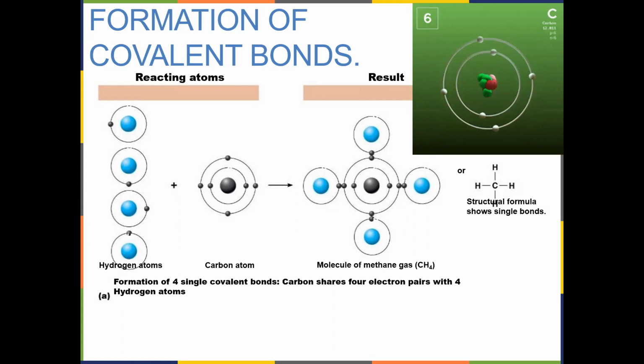If you tried to burn a carbon atom, you wouldn't release a lot of energy. If you tried to burn an individual hydrogen atom, you would release very little energy. But put it together into methane, and you have a pretty powerful molecule that can release a lot of energy.